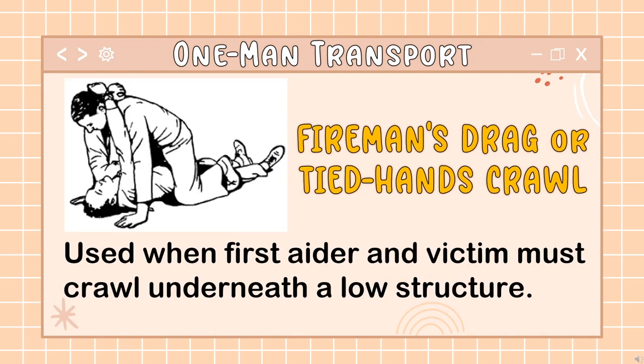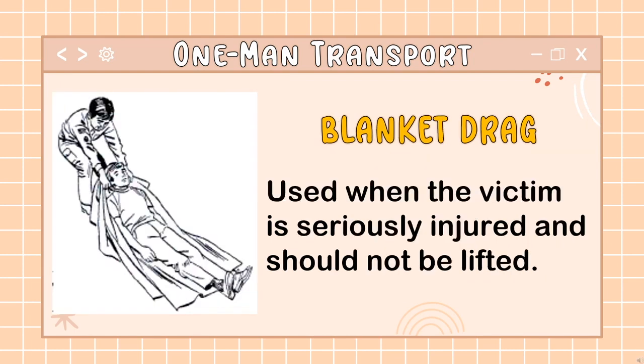Fireman's drag or tied hands crawl is used when the first aider and victim must crawl underneath a low structure. The last one for one-man transport is the blanket drag. This is used when the victim is seriously injured and should not be lifted.